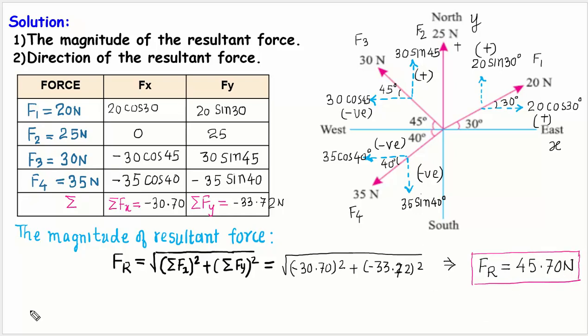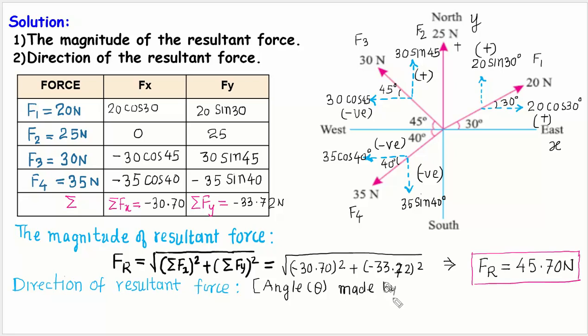Now we also have to find the direction of the resultant force. When we calculate the direction, we are looking for the angle made by the resultant with the positive direction of the x-axis. It is basically an angle theta made by Fr, the resultant force, with the positive direction of the x-axis.